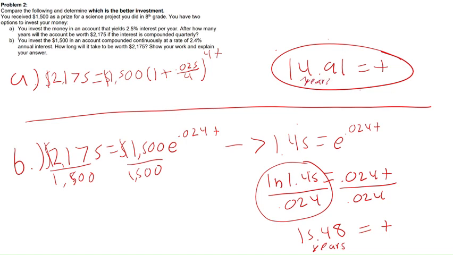So it looks like the top equation won, the one that was compounded quarterly instead of continuously.